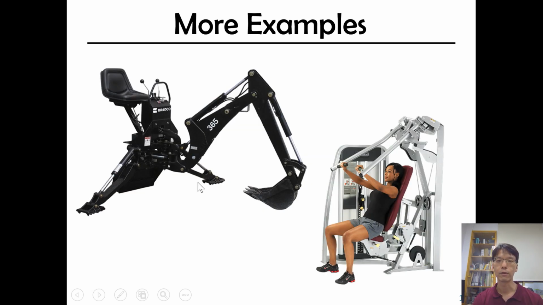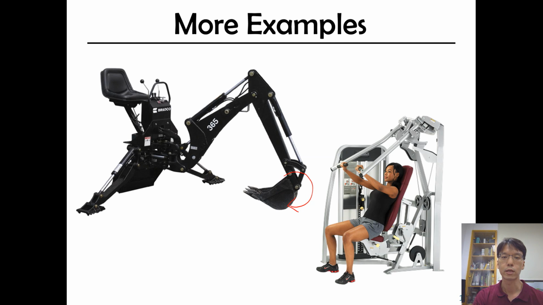Well, in our daily life, we can also see many other examples, many other mechanisms. So, for example, this, I don't know how to call this, but we know this mechanism. This claw is going to rotate.